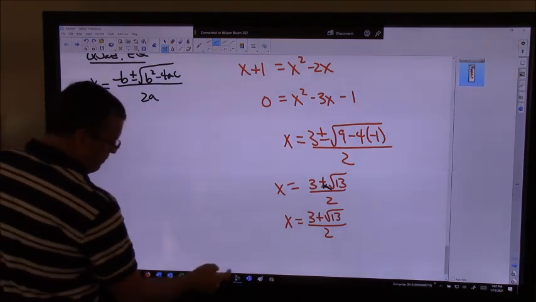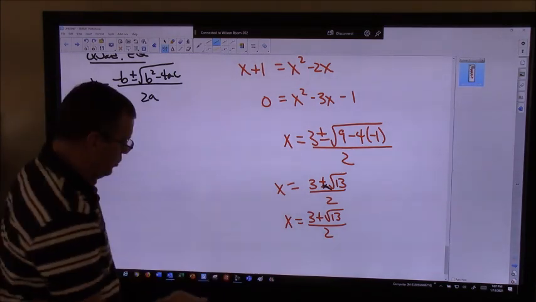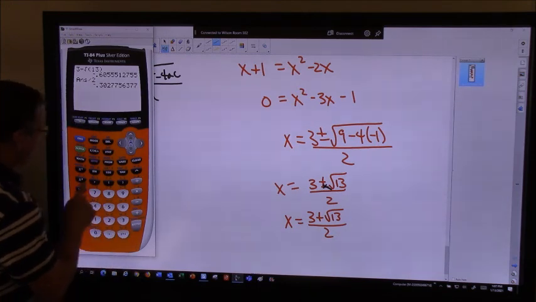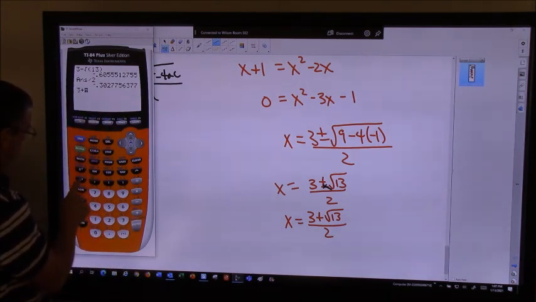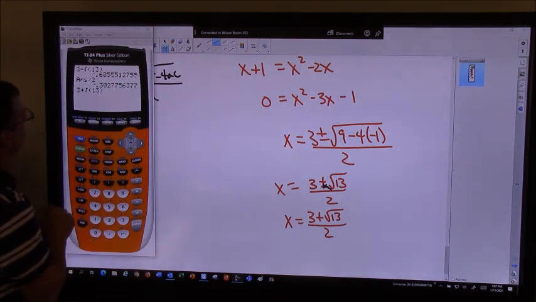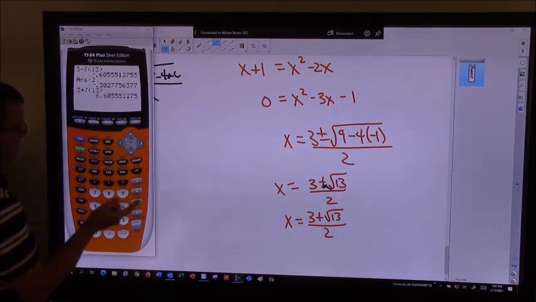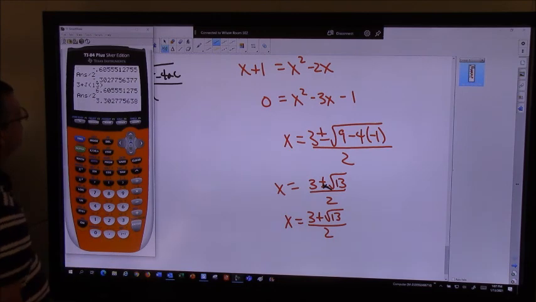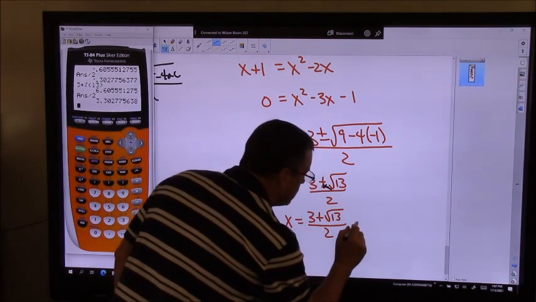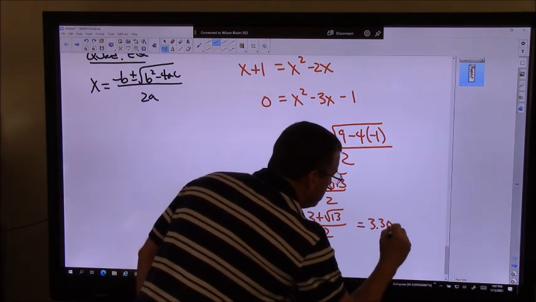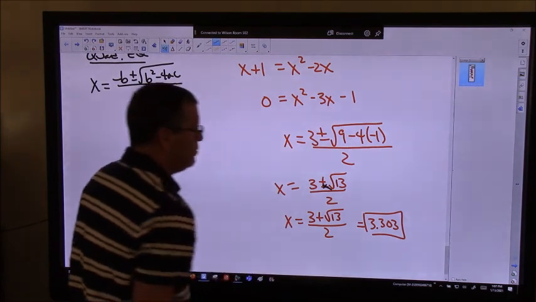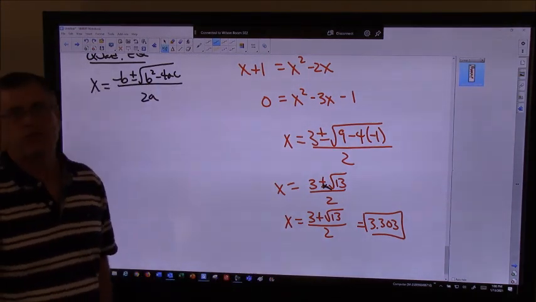Now, if you had time on a test and you wanted to check this, you take your calculator and go, 3 plus the square root of 13, divided by 2. There it is, 3.303. Use that number to check and see if it works.